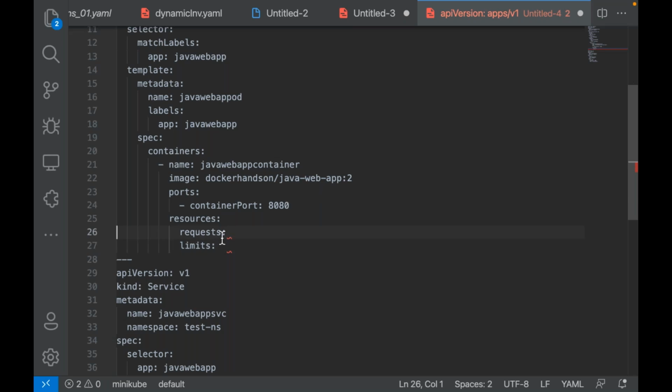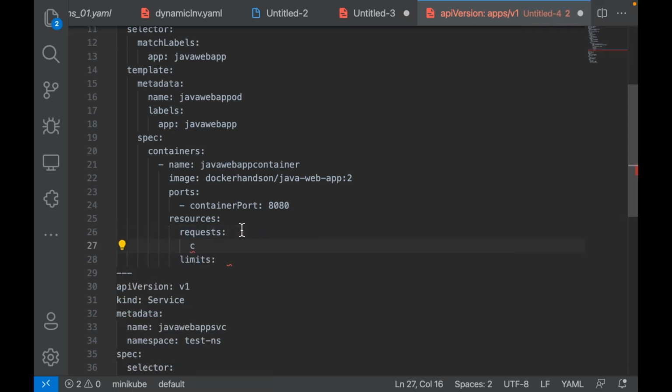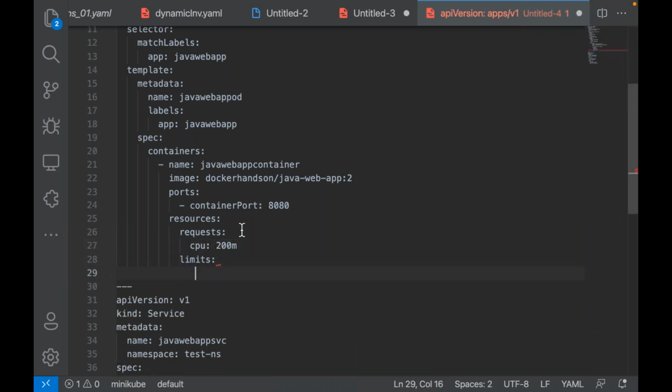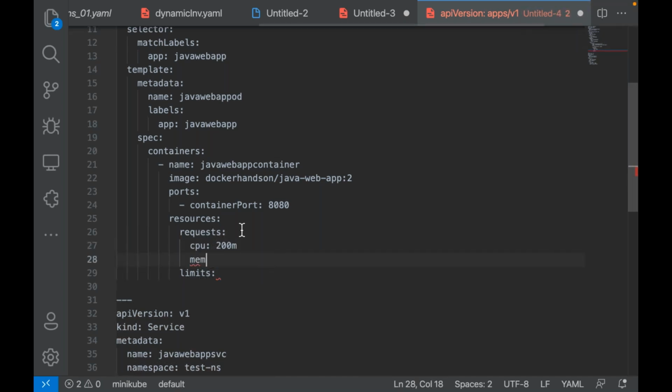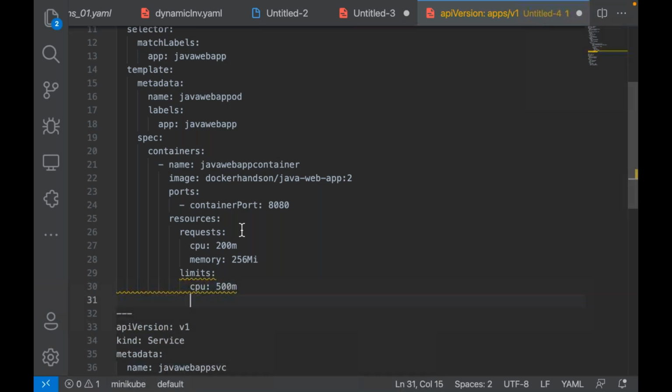Based on your requirement, let's say I'm setting 200 millicore for CPU. Memory requires some amount, so don't give very little. Let's say I'm requesting 256 minimum. Limits based on your requirement: let's say 100 millicore and memory 512, something like this.